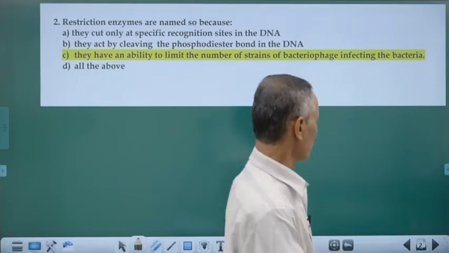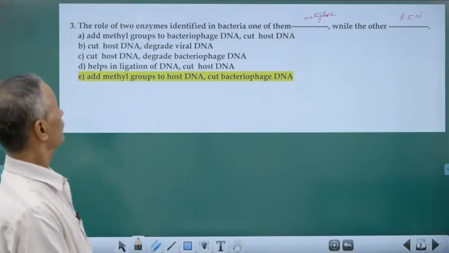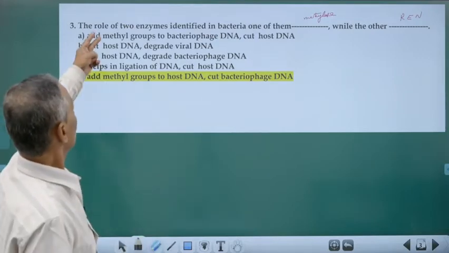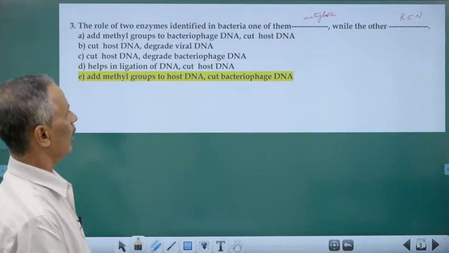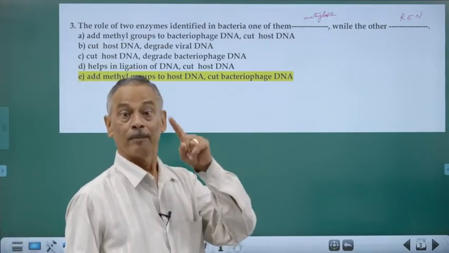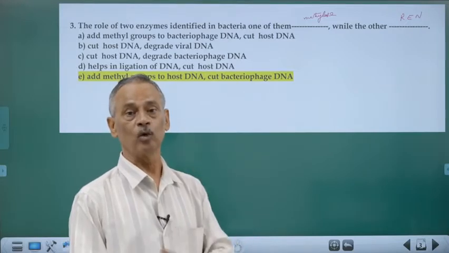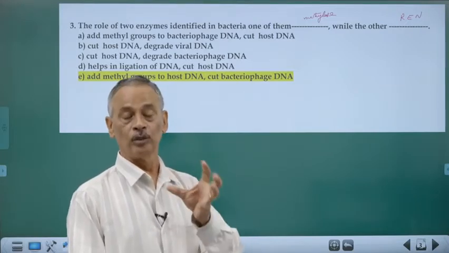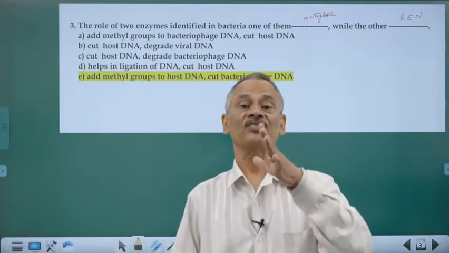Actually, these restriction endonucleases are a part of an enzyme complex. I will be telling you. The two enzymes that form that enzyme complex are, one, methylating enzymes that will add a methyl group to the nitrogen bases when the DNA is synthesized.